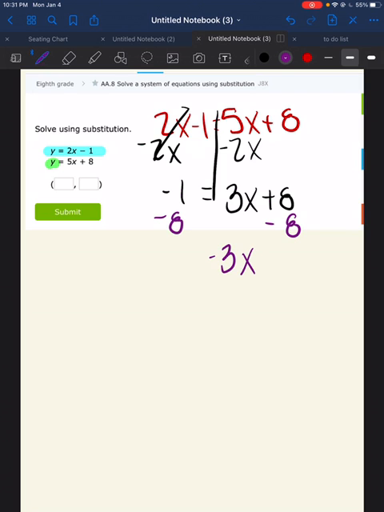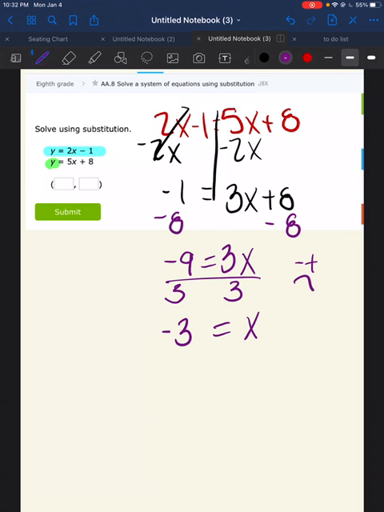So I get 3x equals a negative 9. Now I want to get x by itself, so I'm going to divide by 3 on both sides. And that'll give me x equals, 3 goes into 9 3 times. Opposite signs are negative, so it's a negative 3.